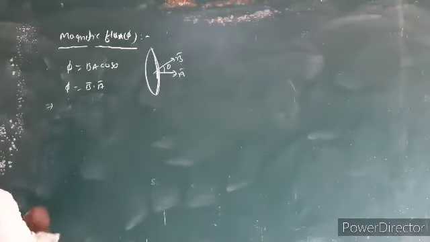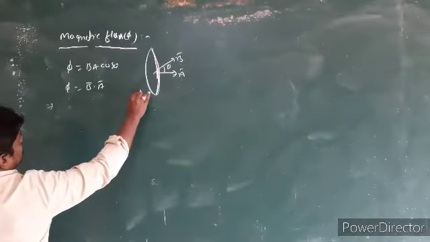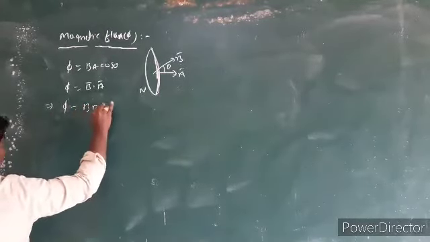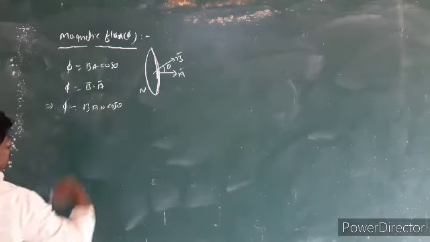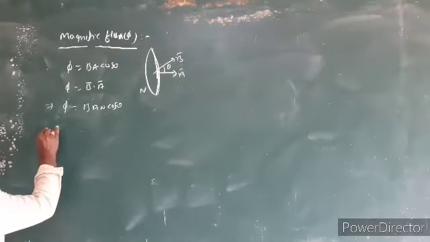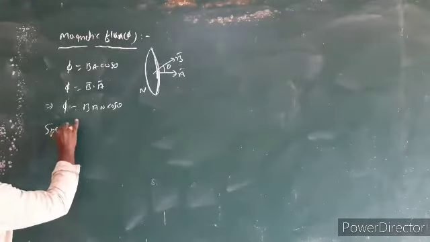Or otherwise, if this coil contains N turns, flux is equal to BAN cos theta. This is the expression for flux, or the total number of magnetic field lines passing through any closed surface. Now here some special cases are there.